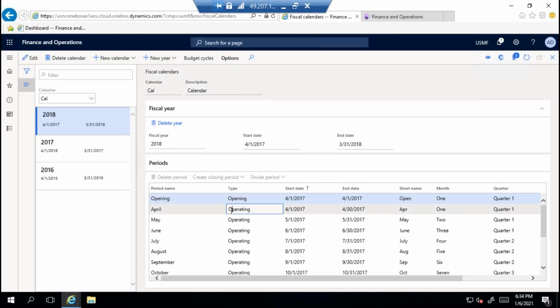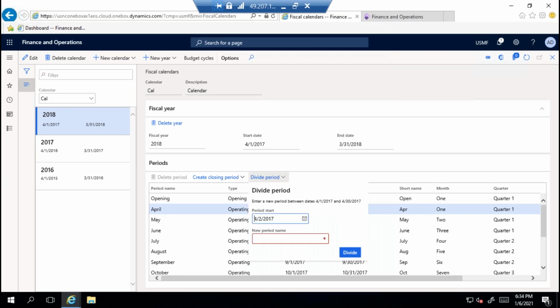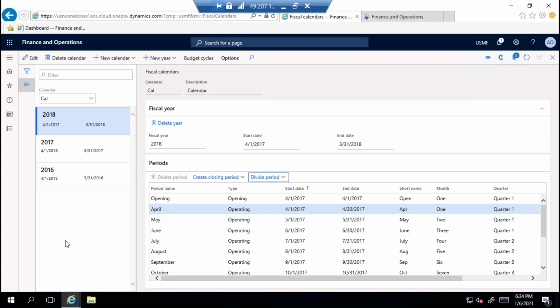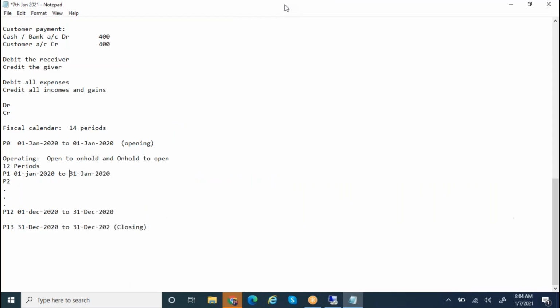So you can take this one and divide periods. Everything is possible. If you want to split April into two, like bi-weekly, we can do it. You can play with the system whatever way you want. If you have any doubts or concerns, come back to me and please let me know.